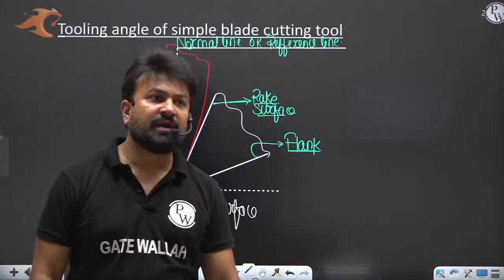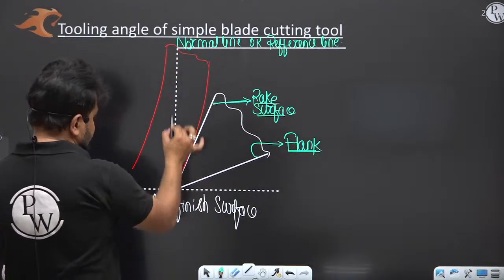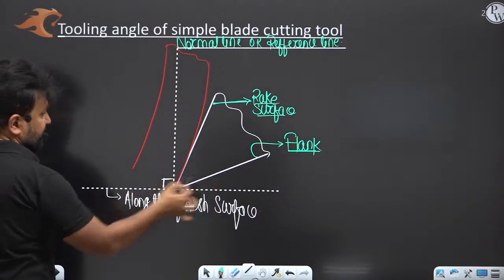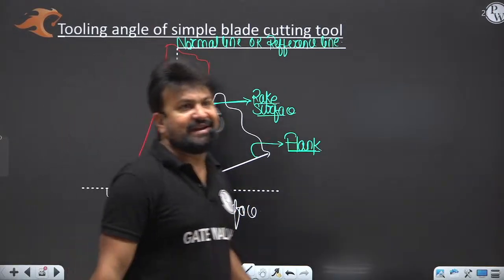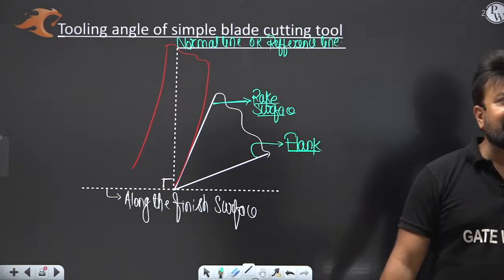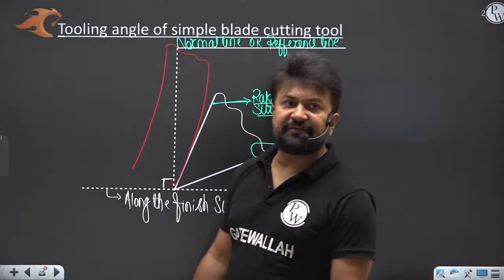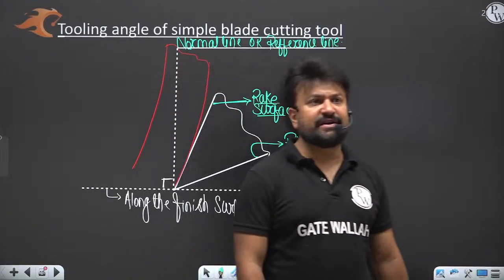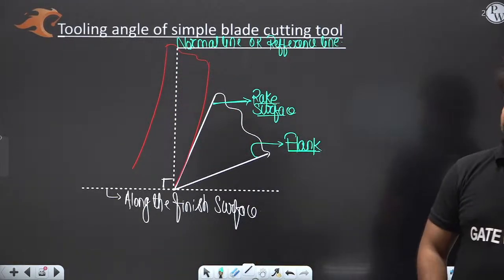Yes or no? This line which is perpendicular to the finished surface is known as what? Reference line. Let me know. Is that reference line clear to you? Yes or no?